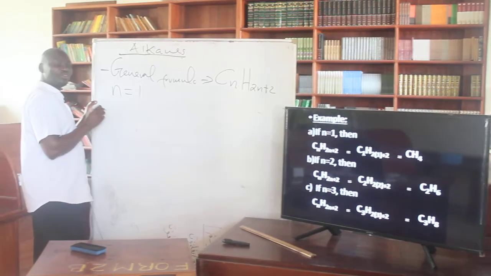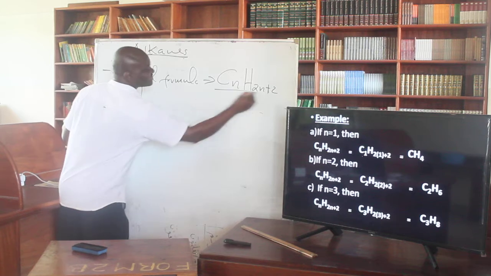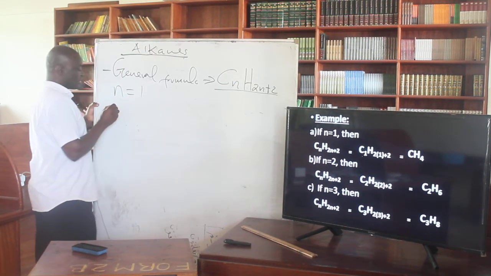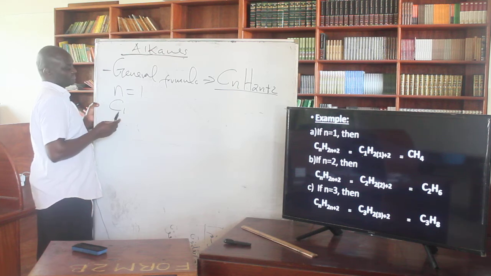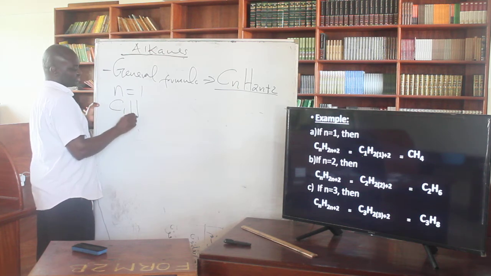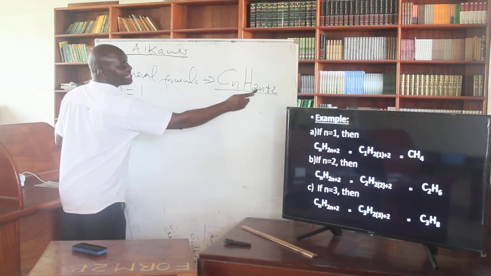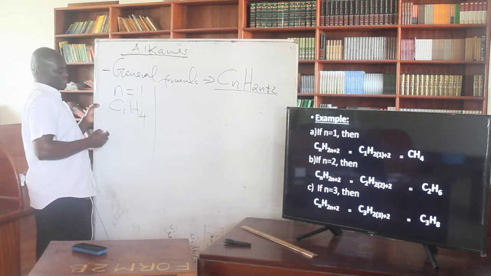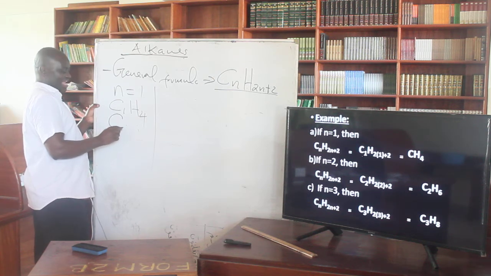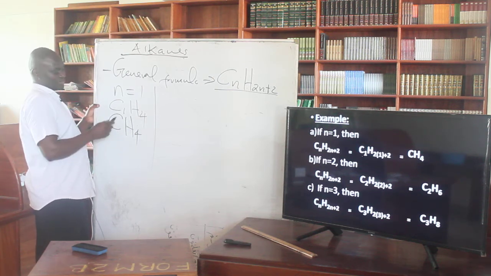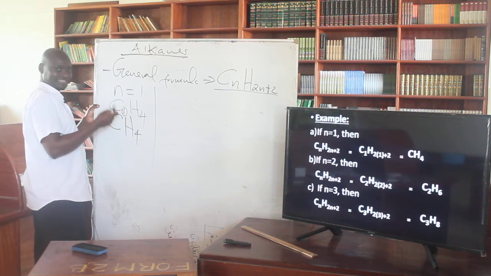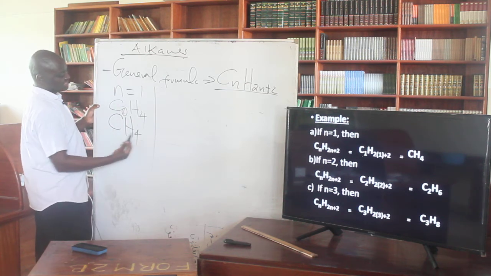We substitute n there, meaning we have C1, then H: 1 times 2 is 2, plus 2 is 4. So where n is equal to 1, you have CH4. There's no need of writing 1 again, so simply write CH4.